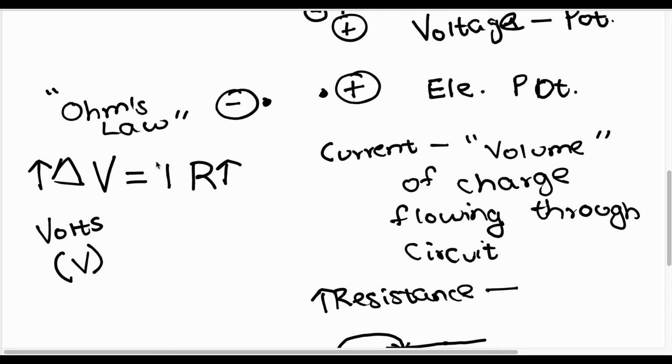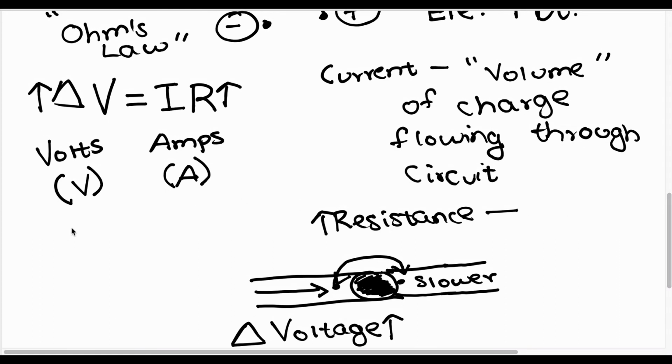And current is represented with amps, so that's just an A. And finally, resistance is represented with ohms. And the way you draw the symbol is you do that with a little bit of a hook, and it comes back like that. So that's how you draw ohms.